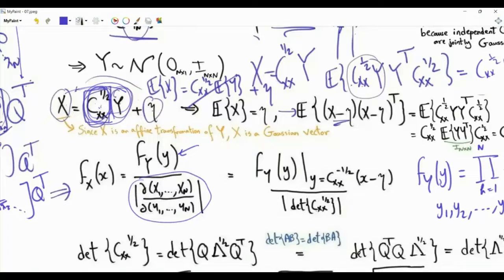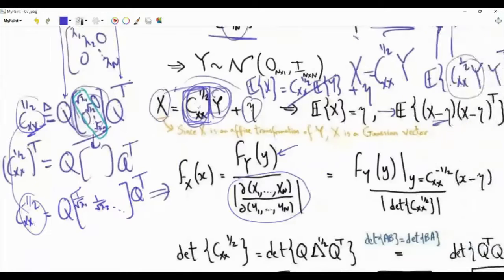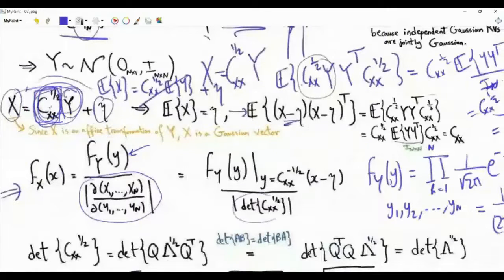The Jacobian matrix is this quantity, and we need to take its absolute determinant. And what is the determinant? What is the determinant of our friend here? What are the eigenvalues? So the eigenvalues are those guys. And so the determinant that we have here is square root lambda 1, square root lambda 2, all the way to square root lambda n.